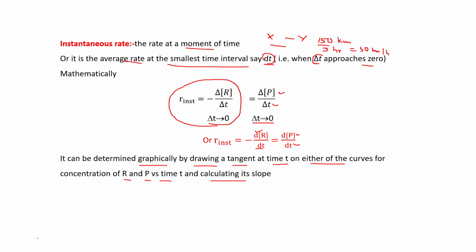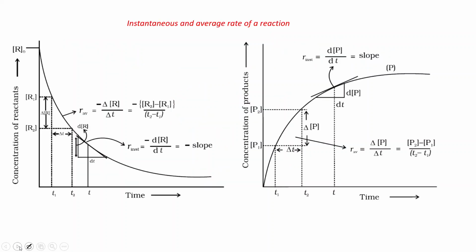Now, see how we can plot these graphs. This is the graph between concentration of reactant and time. Initially, the concentration of reactant is maximum, represented by R naught.